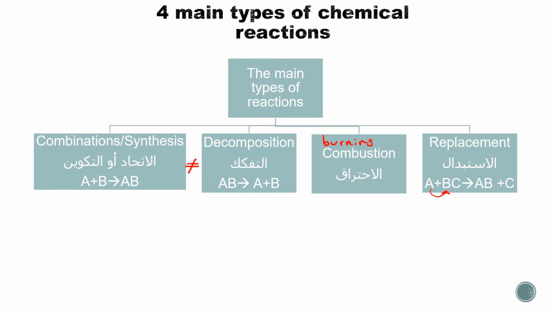Okay. For example, A here takes the place of, well, actually, this should be B and this should be C. Okay. Sorry for that. It has to be like this. Okay. A plus BC gives me AC plus B. And we'll see this inshallah.